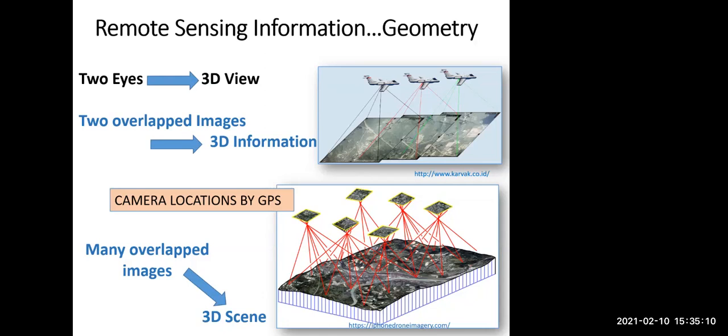If we capture images that overlap with each other, we can analytically process these images in order to reconstruct the geometry of the scene and capture three-dimensional information. Those could be different plant metrics, plant size, like the canopy height and the canopy size. And we can utilize this information also in our agricultural applications.